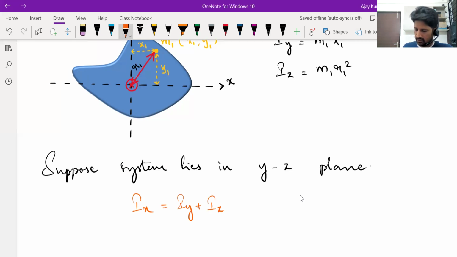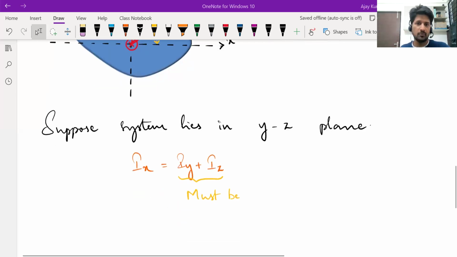So basically what you need to remember is that the two axes about which you are adding the moments of inertia must be in the same plane as the system. Like if the system is in the YZ plane, then you will add Iy and Iz.